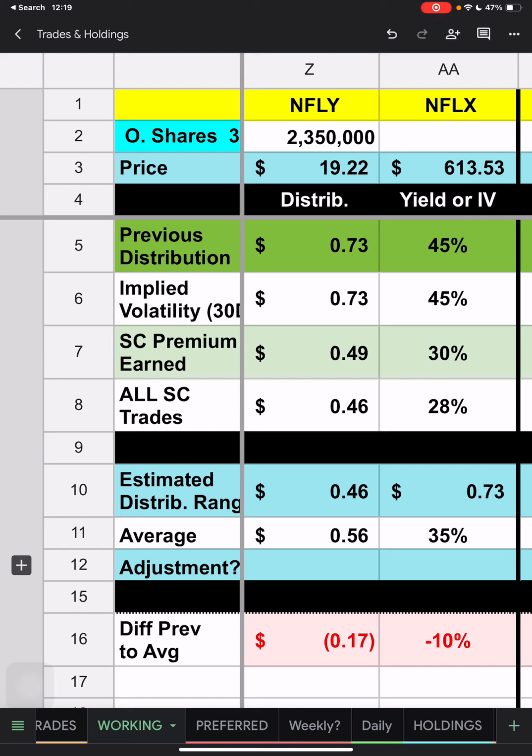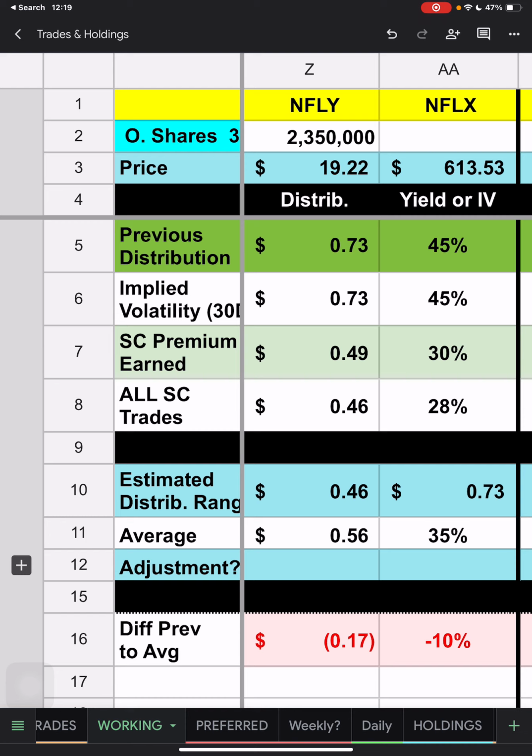If we look at the net trades, it's very similar. It's at 46 cents. So those are just within a couple of cents of each other. And, of course, our range is going to be 46 cents to 73 cents. And the average of those three would be around 56 cents.